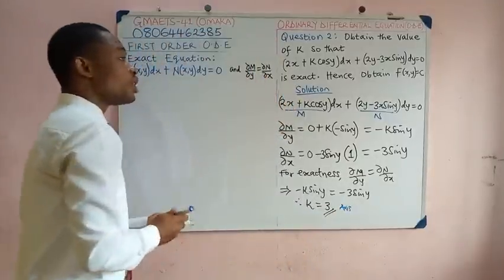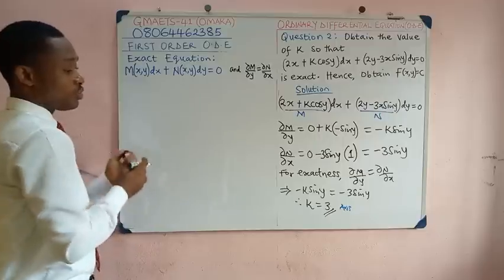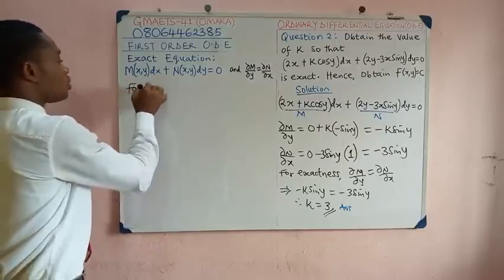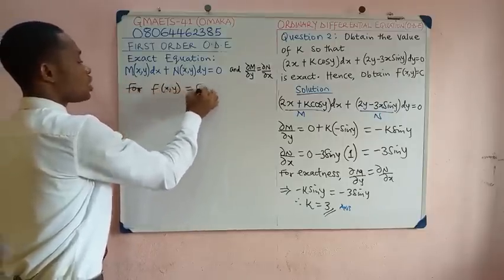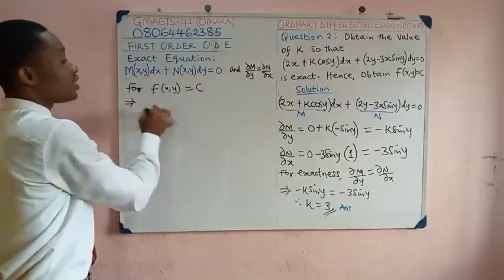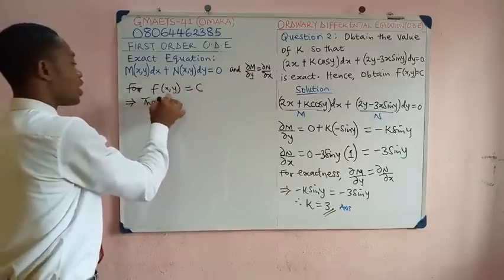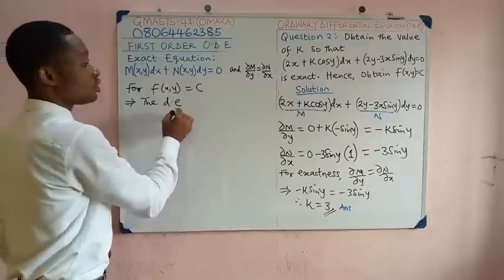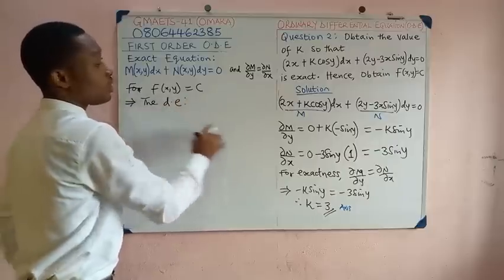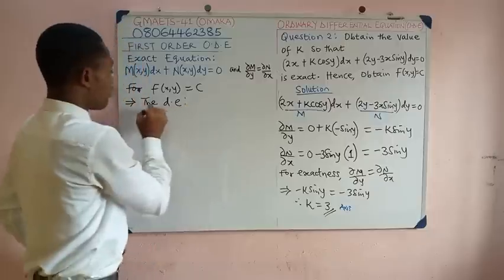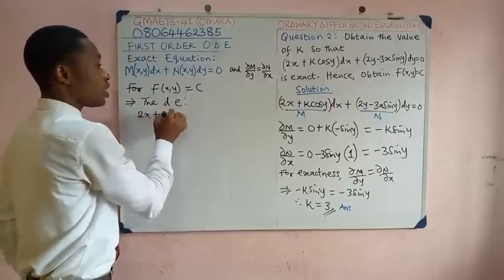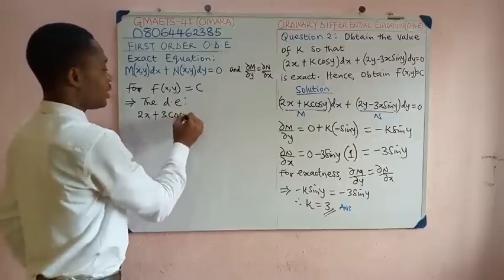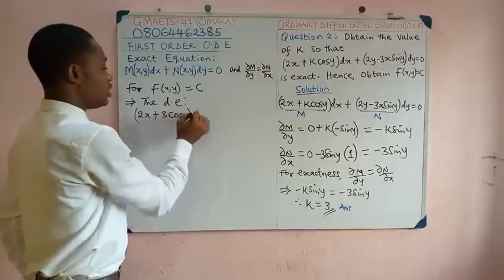Now let us move on to obtain the general solution. Okay, so for the general solution, for f of x comma y equal to c, it implies that the given differential equation will be, let's see, that's going to give us 2x, our k is 3, so it's going to be plus 3 cos y, okay, then dx.